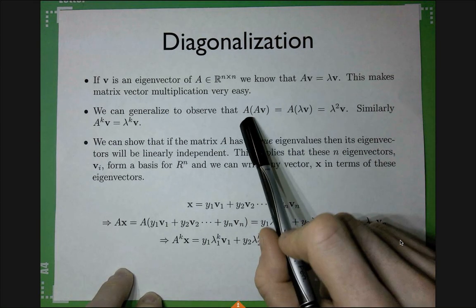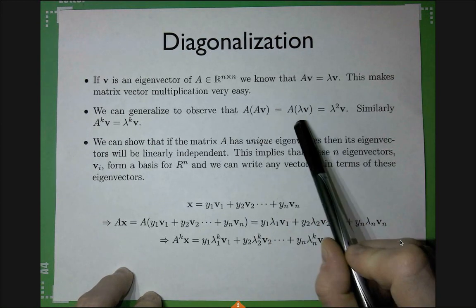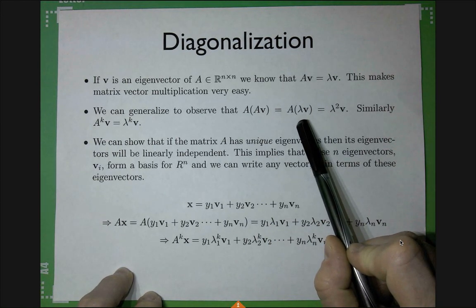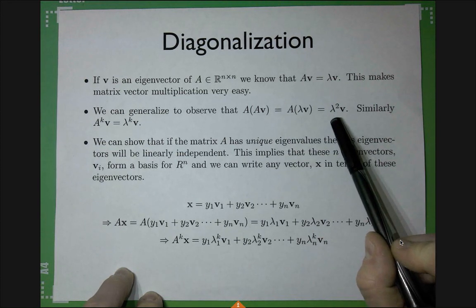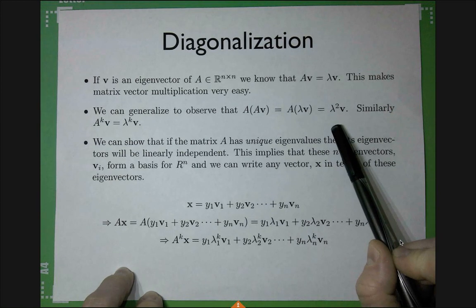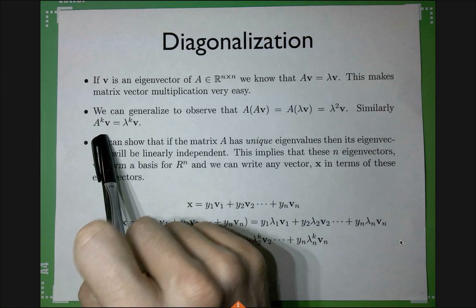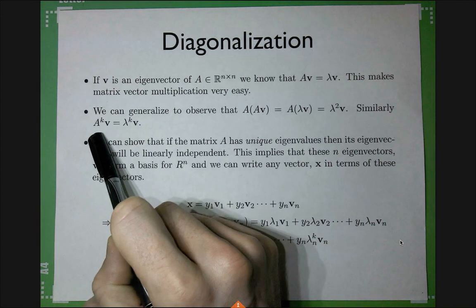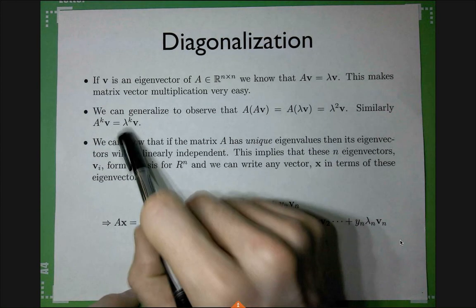Because V is an eigenvector of A with eigenvalue lambda, if you just repeatedly apply A, that means just repeatedly scaling the eigenvector V with the eigenvalue lambda. So it works for any power you take. It could be K, could be 1,000, could be a million, and it's still just multiplying by a scalar. The scalar is raised to the power.